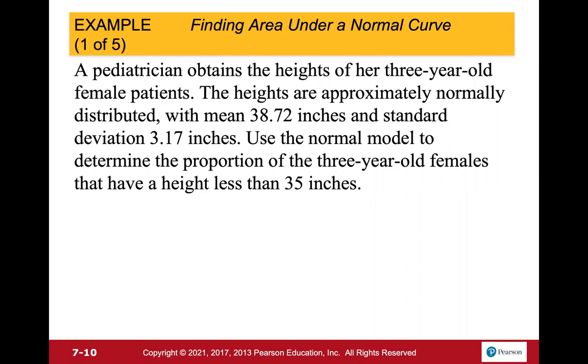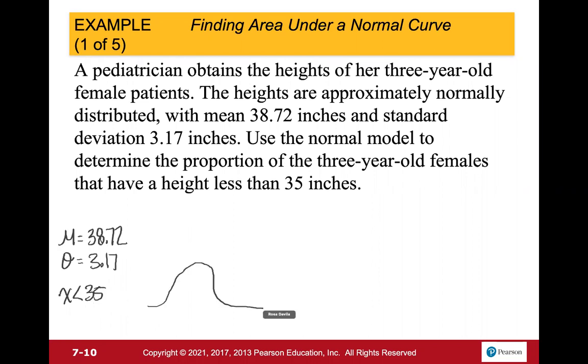Next, the mean is equal to 38.72, and a standard deviation of 3.17. Use a normal model to determine the proportion of 3-year-old females that have heights less than 35. So X is less than 35.